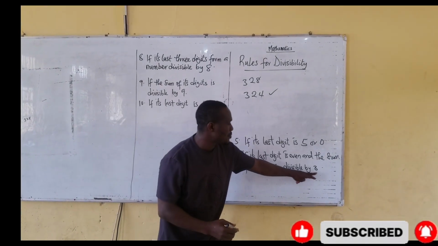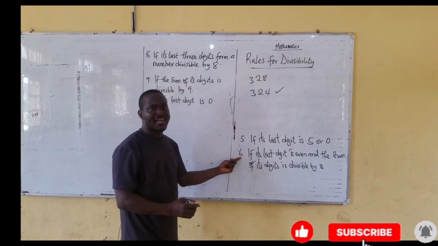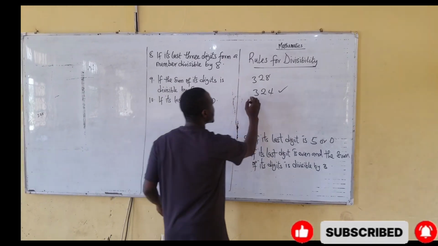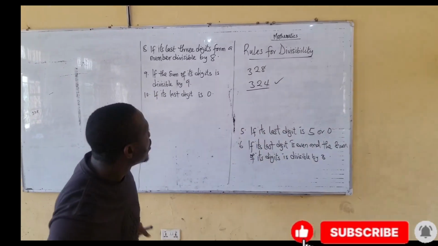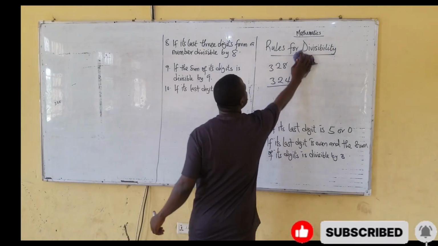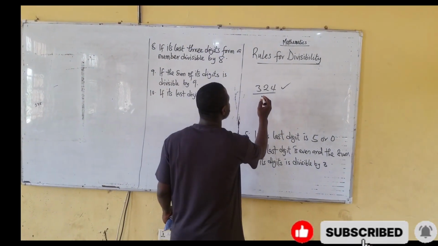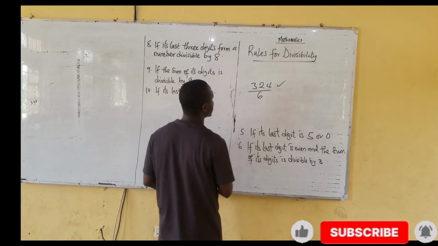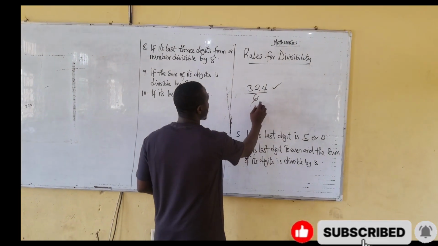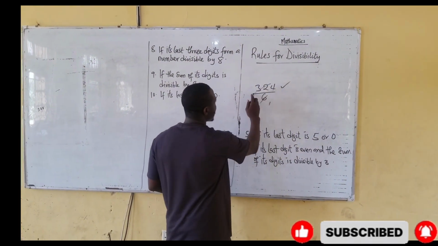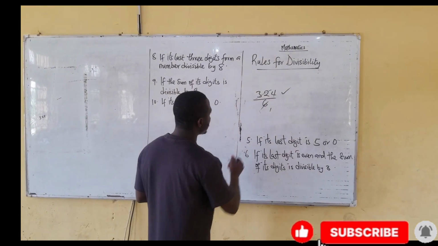The sum is divisible by 3. That means 6 can divide. So let's find out if 6 can divide. I need to remove the one that cannot be divided. So let's do this. This is going to be divided by 6. 6 here, 1. 6 here, I will have 5.